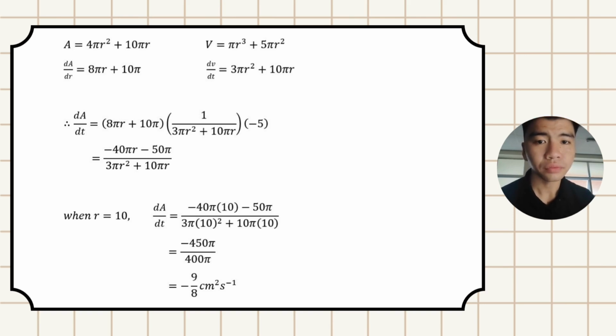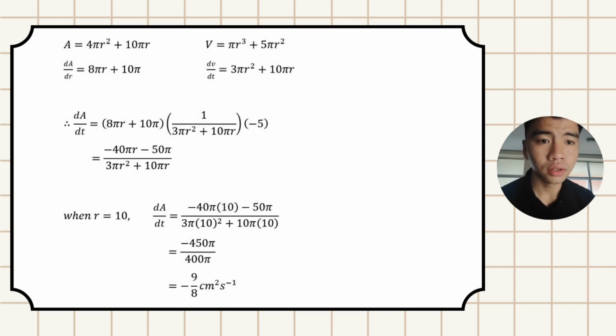So when the radius is given as 10, we'll substitute into the equation, that is dA over dt equals negative 40 pi.